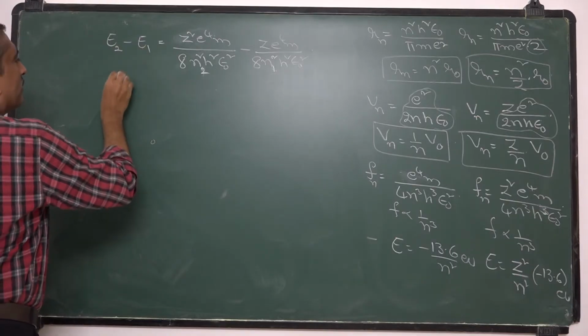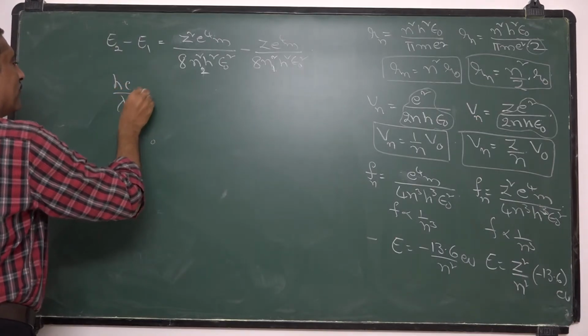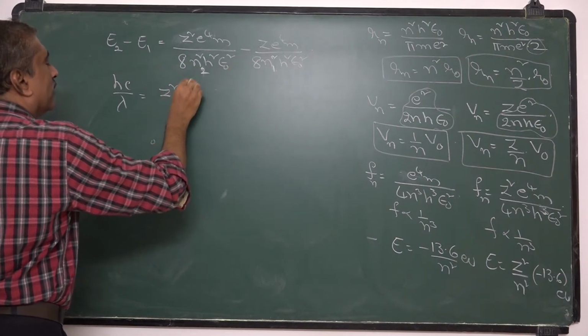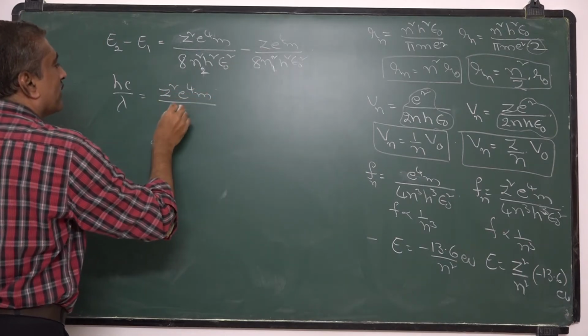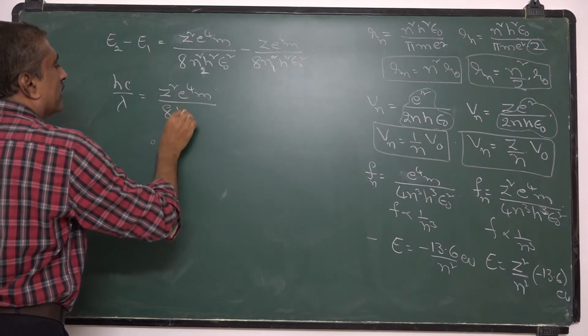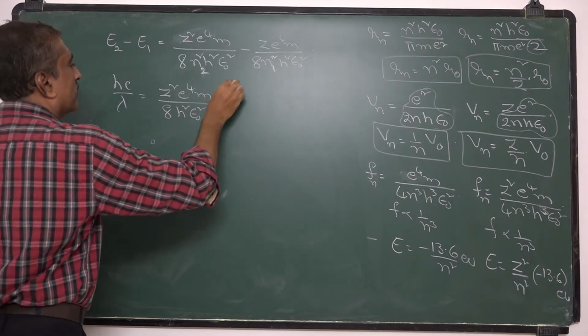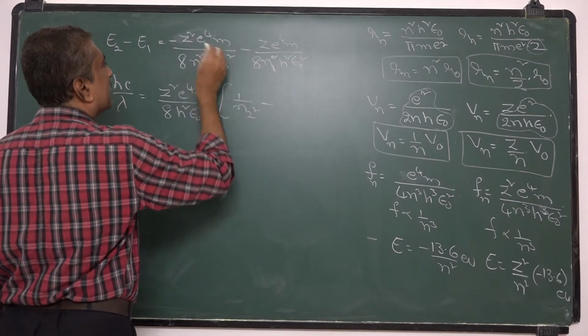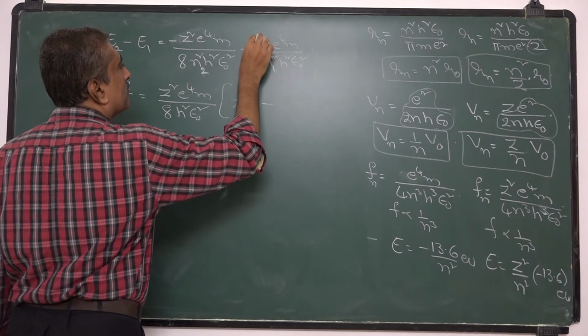But this is equal to hc by lambda. Taking common terms, Z square e power 4 m by 8 h square epsilon naught square into 1 by n2 square minus of minus 1 by n1 square.